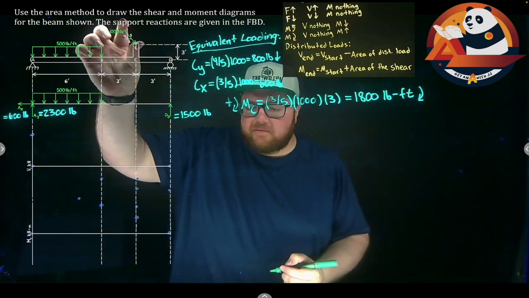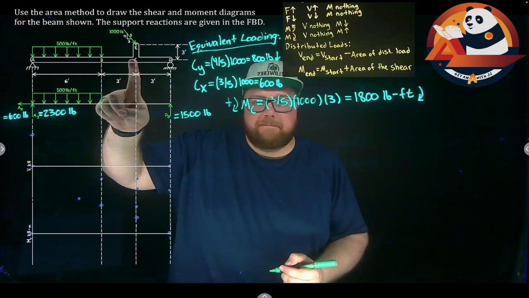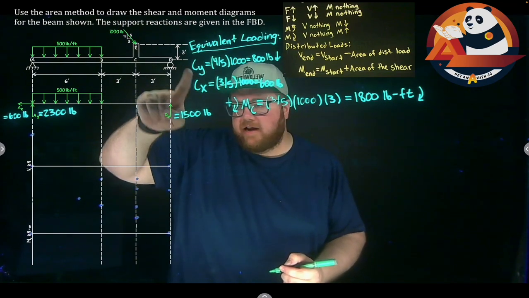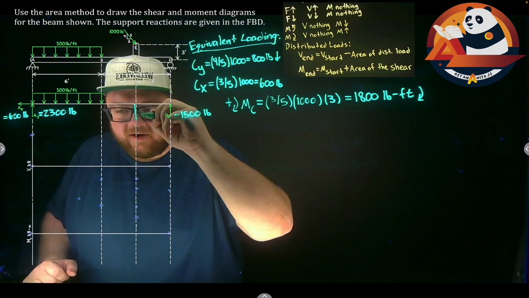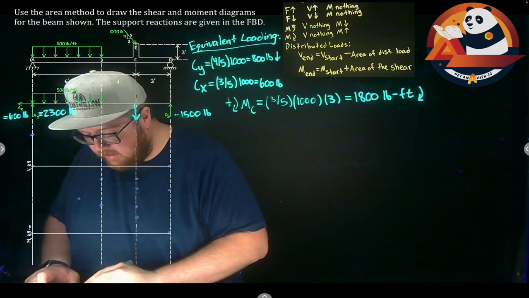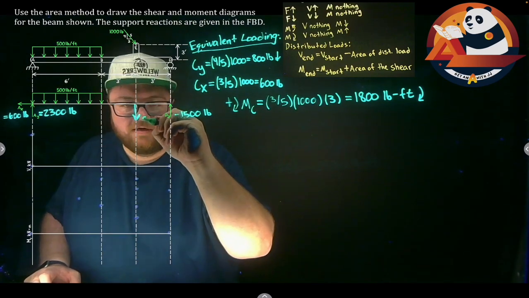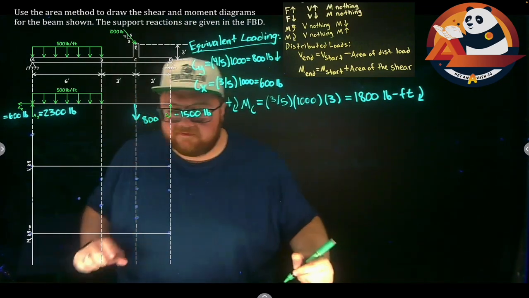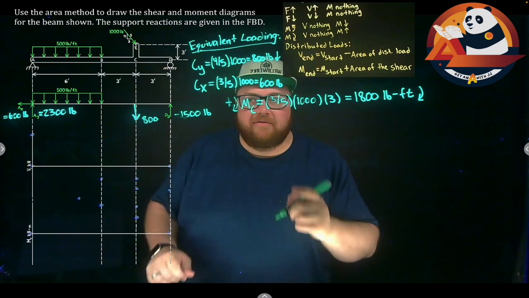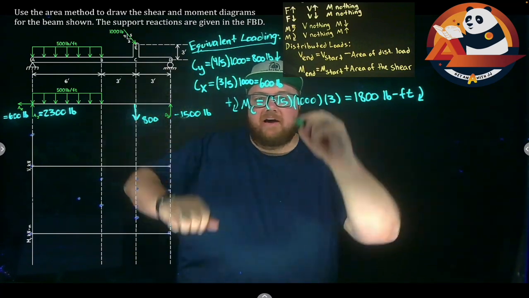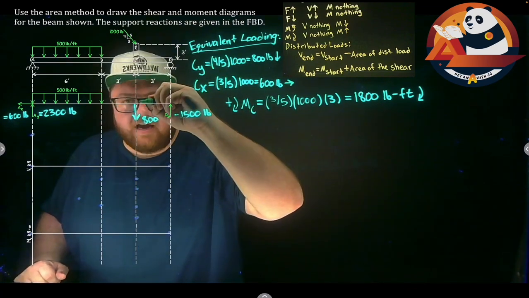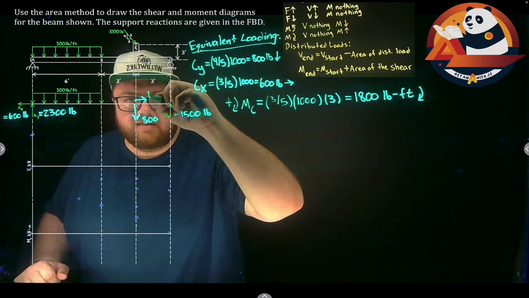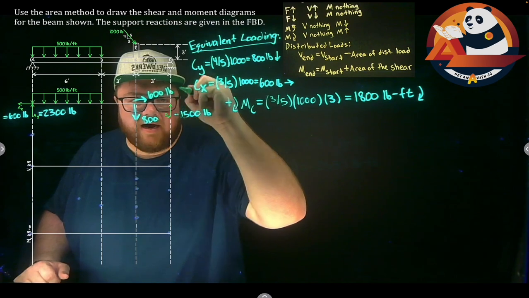I'm moving this force from E, so it's actually being applied onto our beam, and I have to get a CY in here, 800 pounds, going straight down. Going to the right, I would have my CX. CX is 600 pounds.